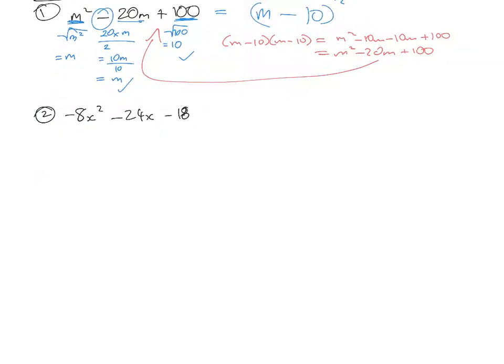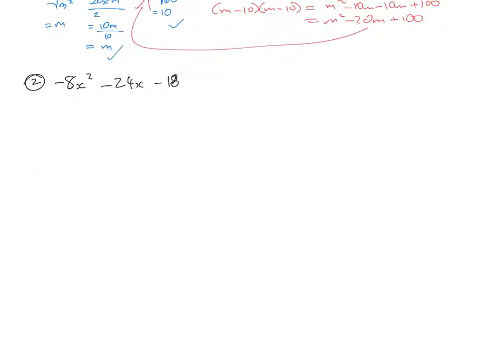Okay. Sometimes, however, you're going to need to do a couple of steps or do a simple factorization beforehand. So right now you'll notice that this is not a perfect square here. Okay, but you also notice that all of these three terms are divisible by 2. In fact, they're negative numbers, they're all divisible by -2.